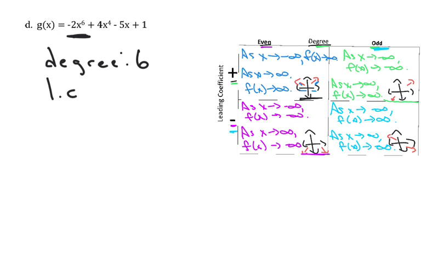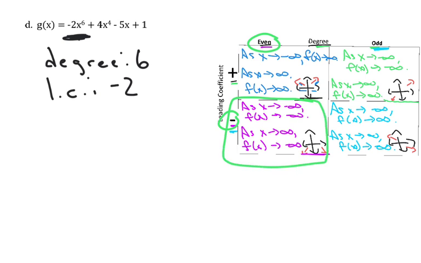And our leading coefficient is the number with that highest exponent, which is negative 2. So it looks like this time we have a degree of 6, which is even, and a leading coefficient of negative 2, so negative. So we're looking at this purple box down here.